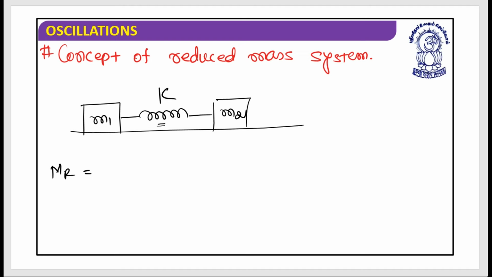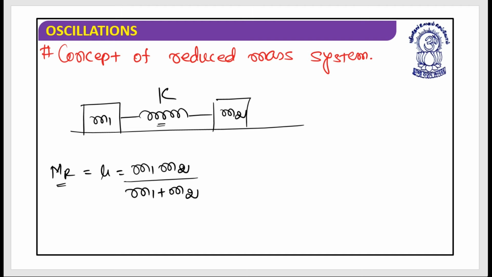This reduced mass is generally denoted as mu, or sometimes written as m subscript r. It is equal to the multiplication of these two masses, m1 m2, divided by m1 plus m2. So the reduced mass is m1 into m2 divided by m1 plus m2.